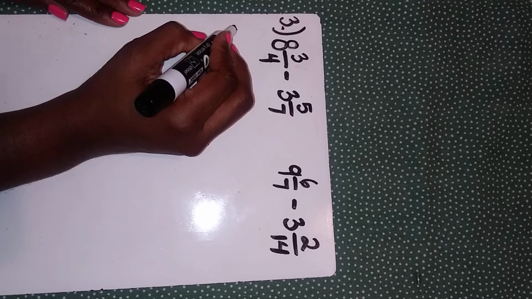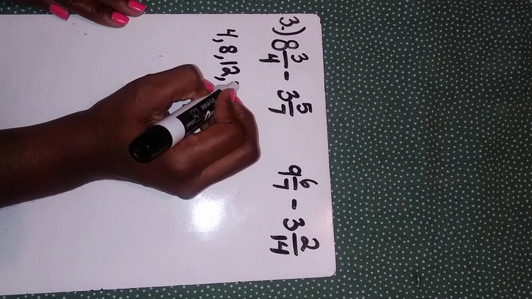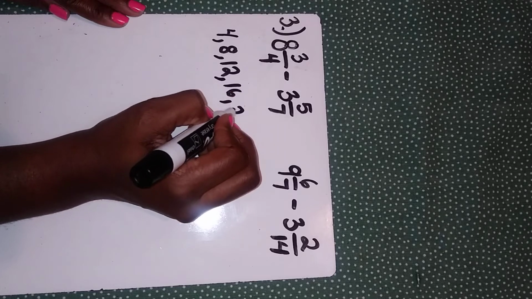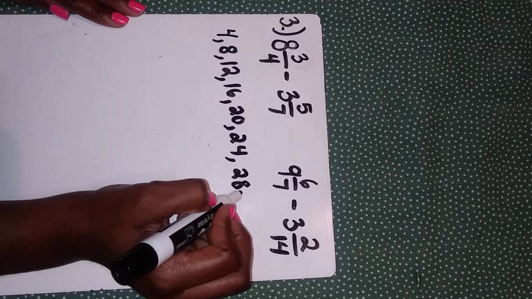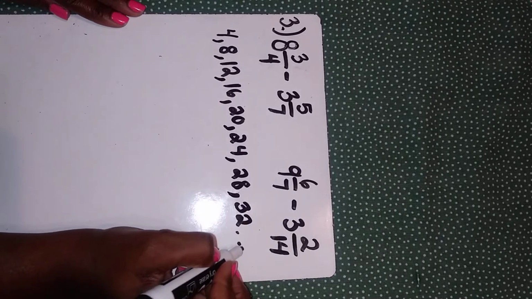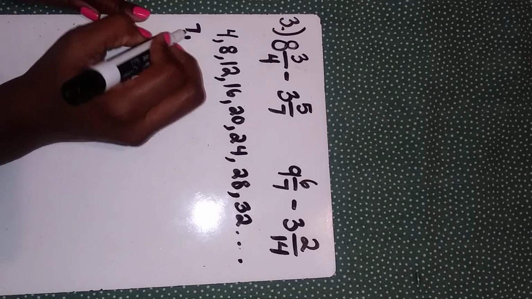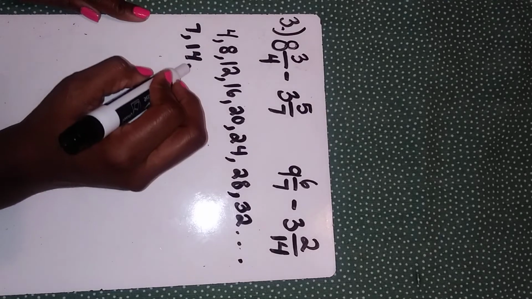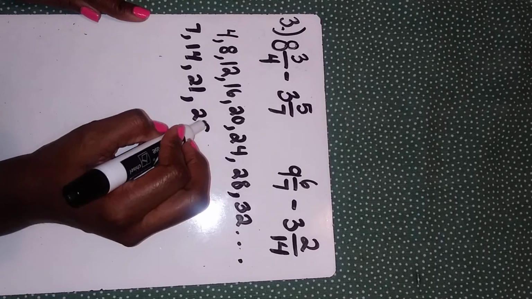Okay, so right here I got to do my multiples of 4 and 7. So for 4, I got 4, 8, 12, 16, 20, 24, 28, 32. I'm going to stop right there. For my multiples of 7, I got 7, 14, 21, 28.